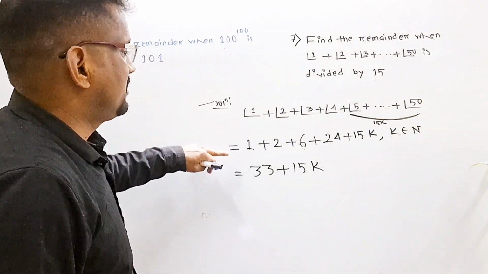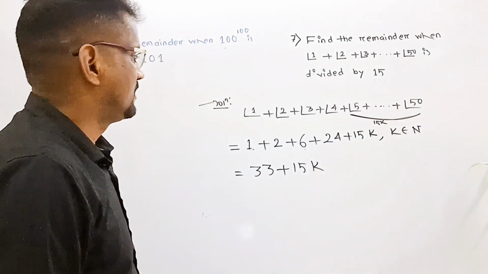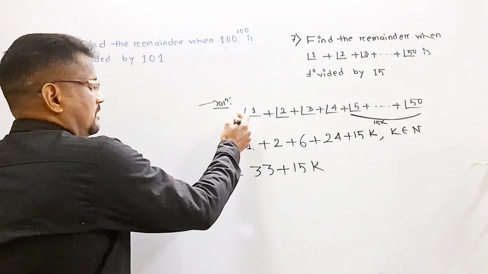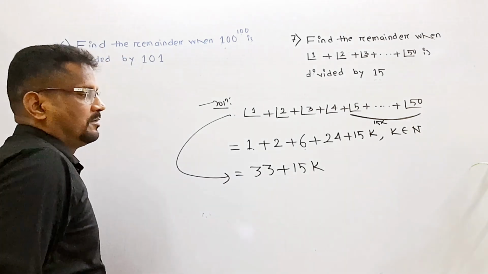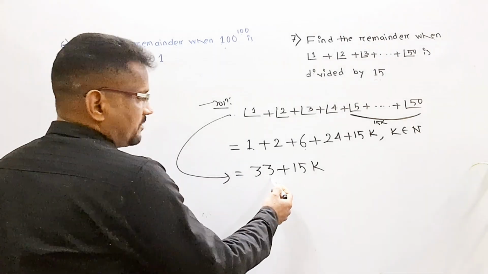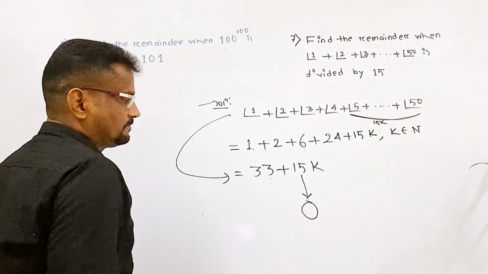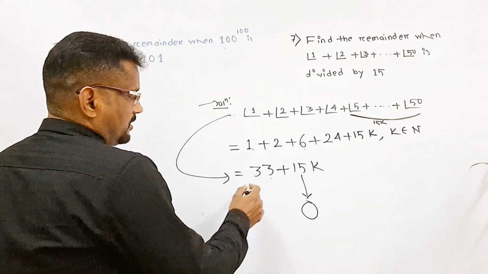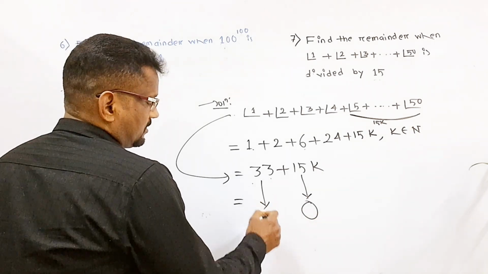The question is, what is the remainder when this series of numbers is divided by 15? Now think: what is the remainder if 15k is divided by 15? It will give remainder 0. And 33, if you divide 33 by 15, what is the remainder?